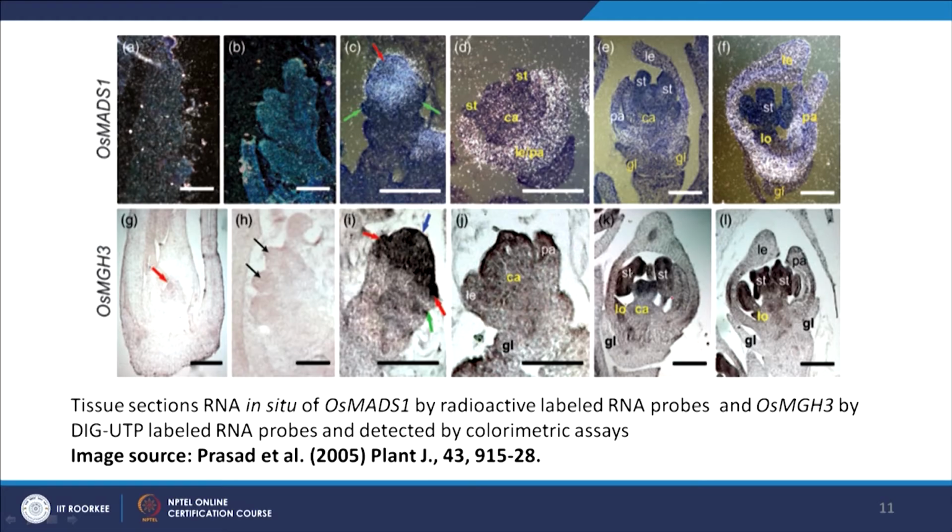But in the later stage, when organogenesis of the floral organs has already started, you can see the expression in the lemma and palea is decreased, but the inner whorl organs have a high level of expression. So this method allows us to study where exactly a particular gene is expressed.